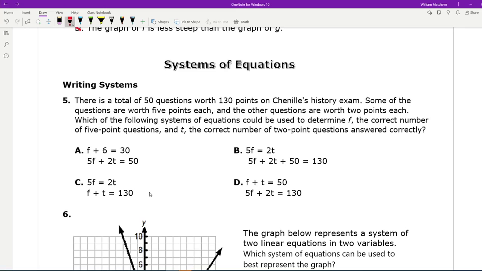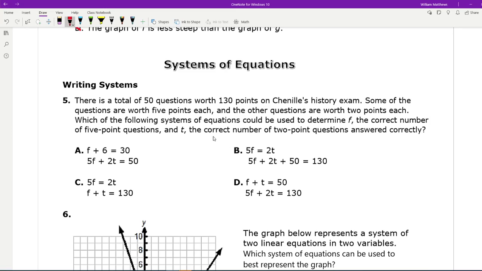But for writing the systems, looking at this, it says there is a total of 50 questions worth 130 points on Chanel's history exam. Some of the questions are worth 5 points each, and the other questions are worth 2 points each. Which of the following systems of equations could be used to determine f, the number of correct 5-point questions, and t, the number of 2-point questions answered correctly?